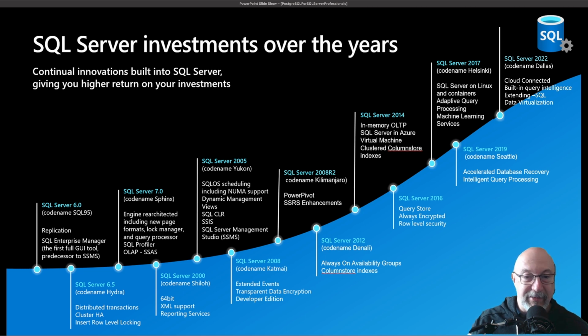Extended events as a great platform for troubleshooting and debugging SQL Server applications, transparent data encryption, for example, and Always On, introduced in SQL Server 2012, was another big step, together with column stores for accommodating analytical workloads on top of the same OLTP technologies that were backing SQL Server since forever.